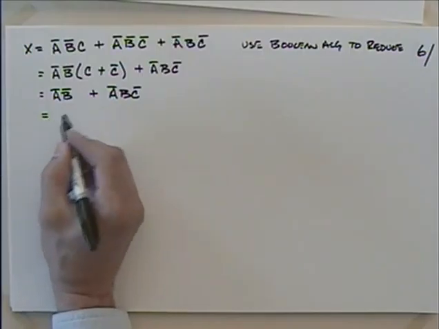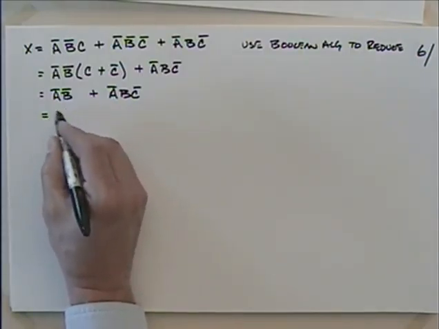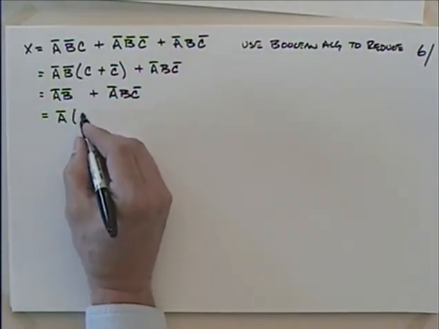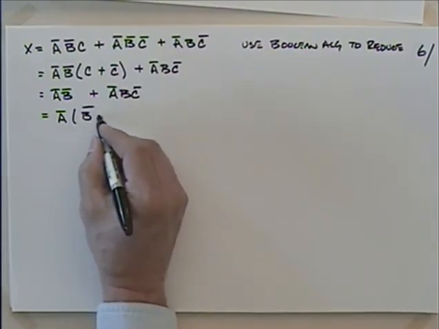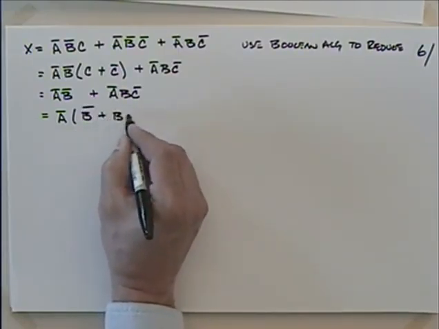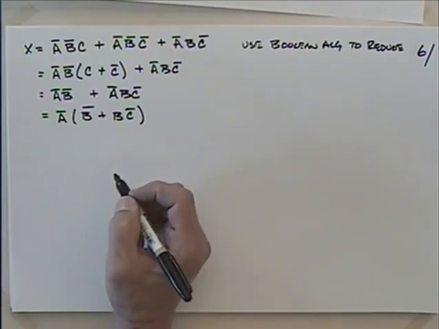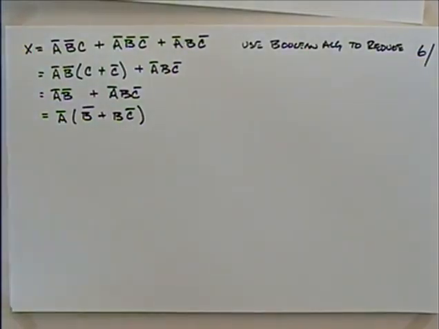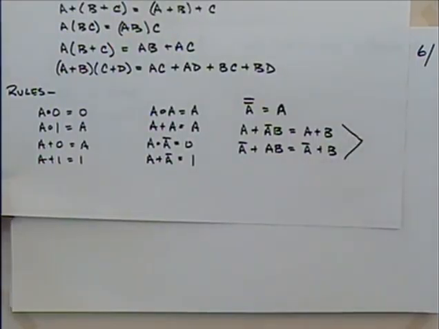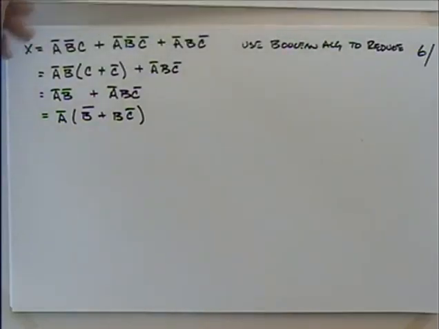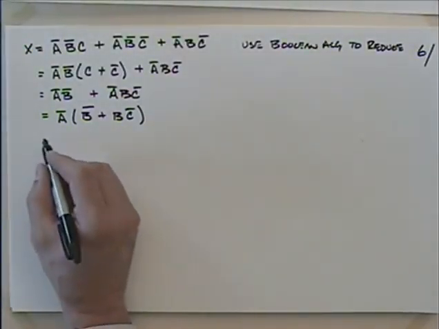So each term has a not A, right? So why don't I recognize that? There's not A and then (not B, or B and not C). And this is where we could look at rule number 10, these ones here that are not quite as obvious as the others, and see if we can reduce this, and we actually can.